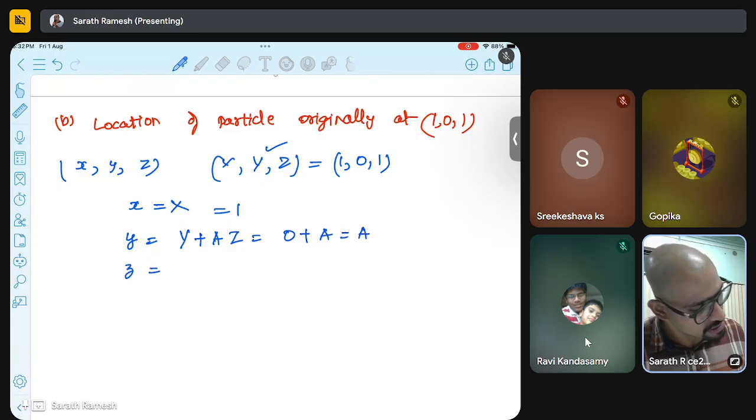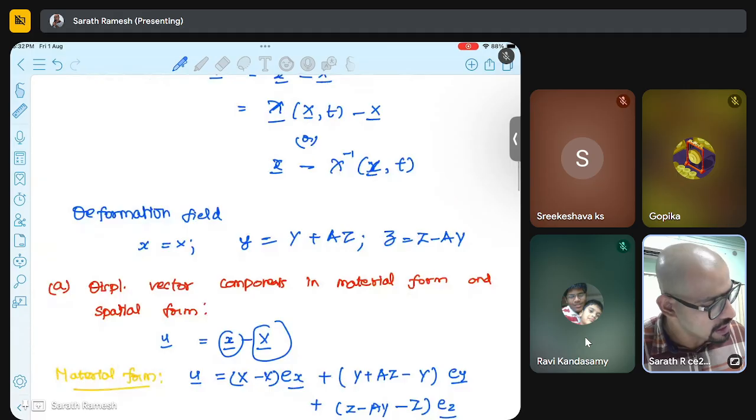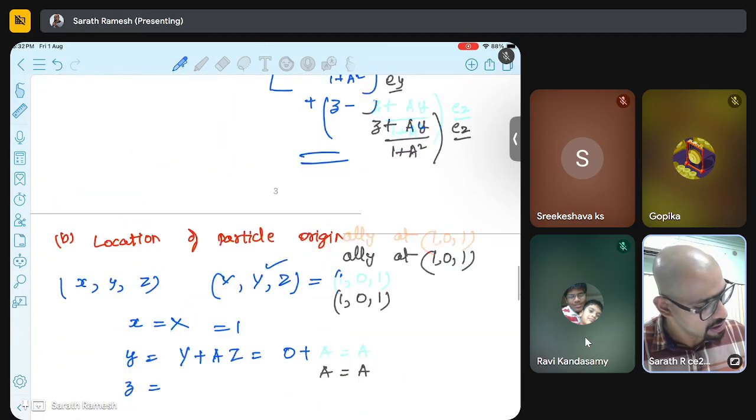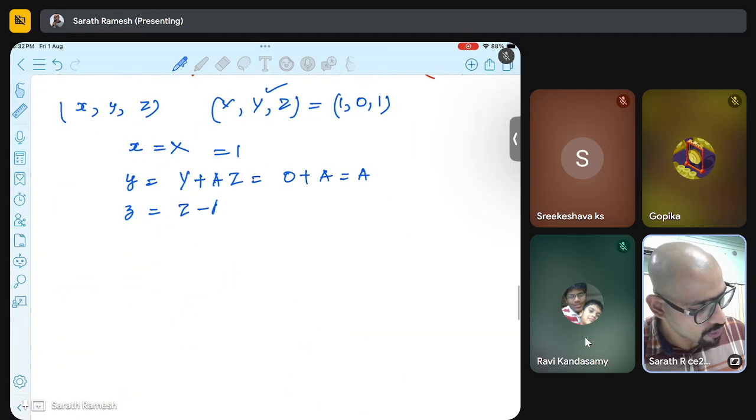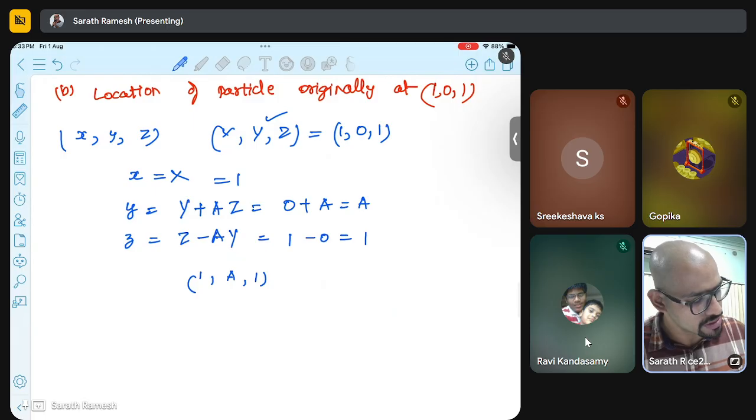Small z, what is small z in terms of capital Z? Capital Z minus AY. So this is equal to 1 minus 0, which is 1. So that point 1 comma 0 comma 1, for the given deformation field, has moved to 1 comma A comma 1. Okay.